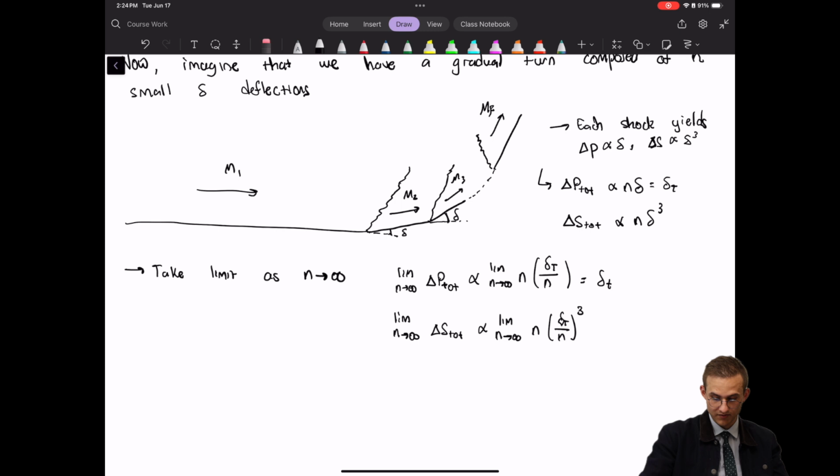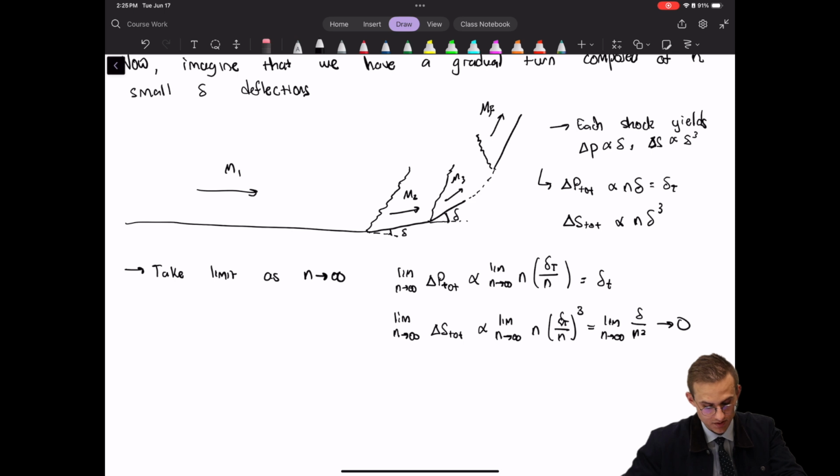So remember, delta t over n is just delta. And so we end up here with the limit as n goes to infinity of delta over n squared, which goes to 0. And so the total entropy change, if we go through a very smooth change in direction, is actually 0.